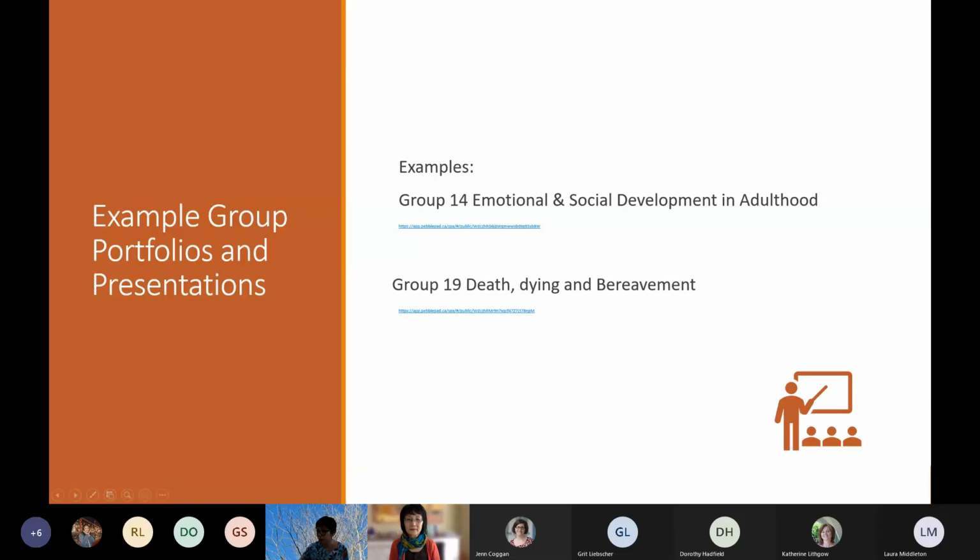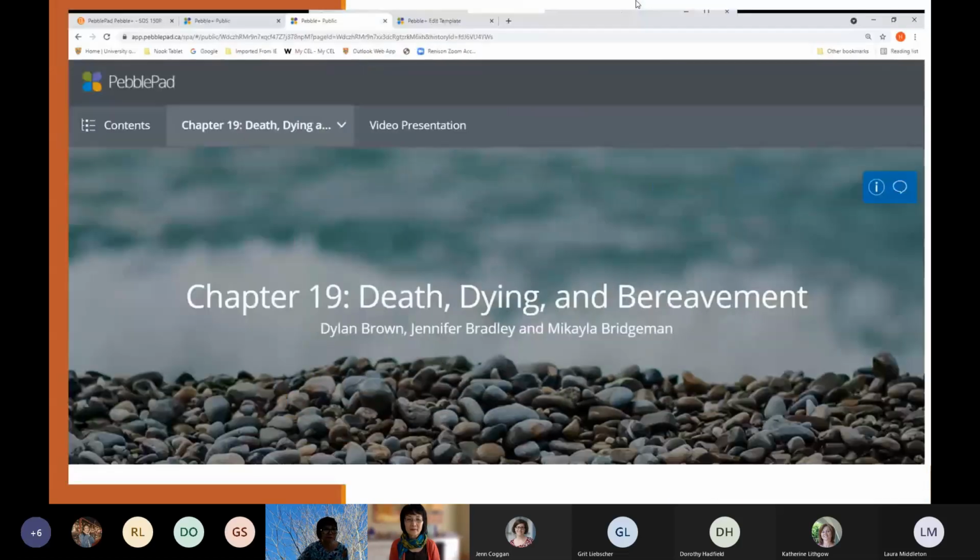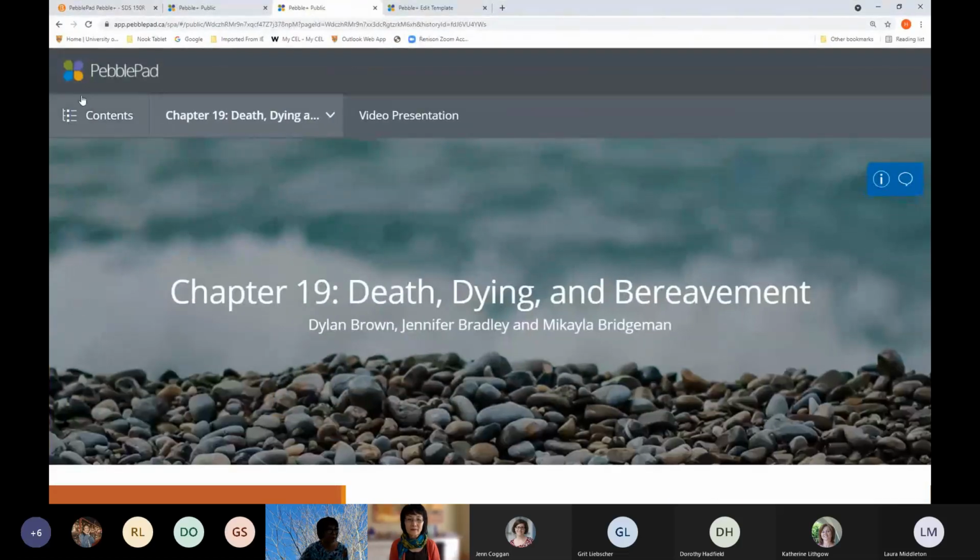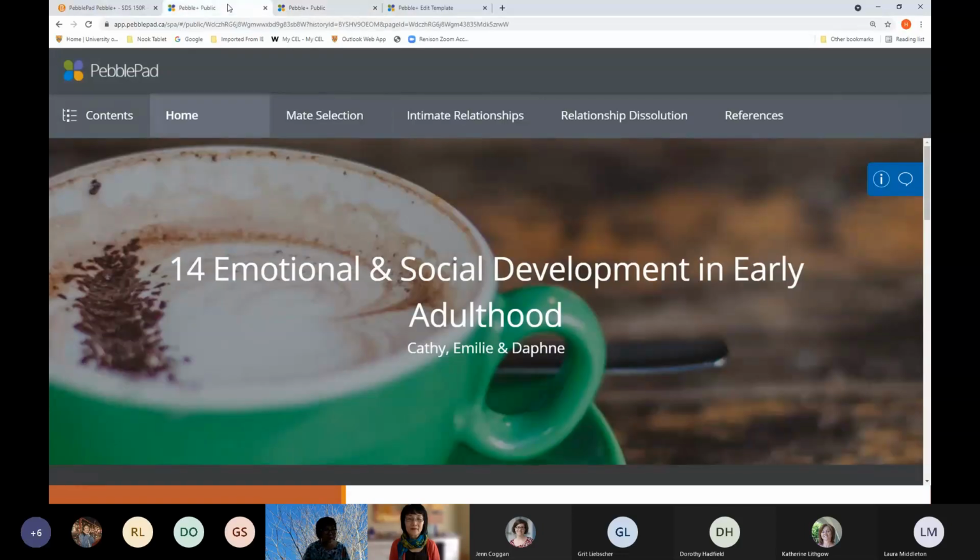And I would like to share with you some example portfolios that students created for this class. So this is one of the portfolios. I was very impressed by how fast students pick up the skill and can create beautiful content on PebblePad for everybody to see. This is one group that did the topic of emotional and social development in early adulthood.